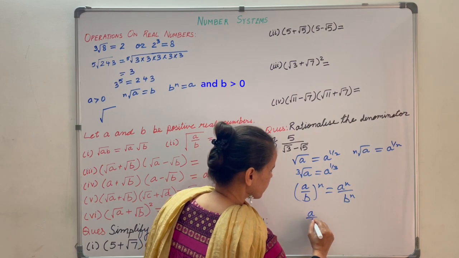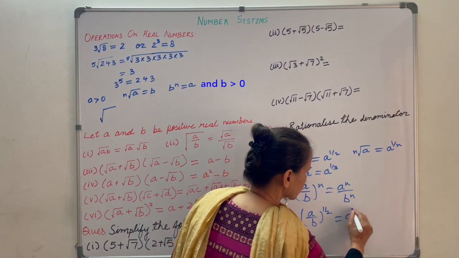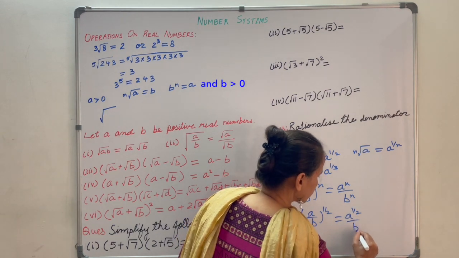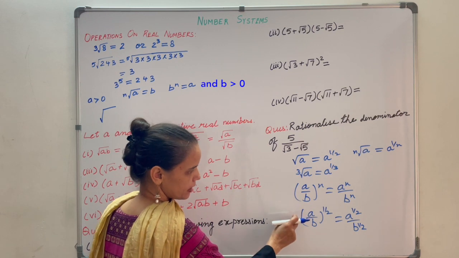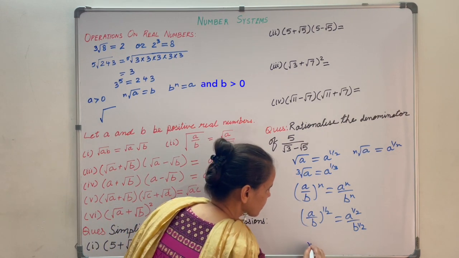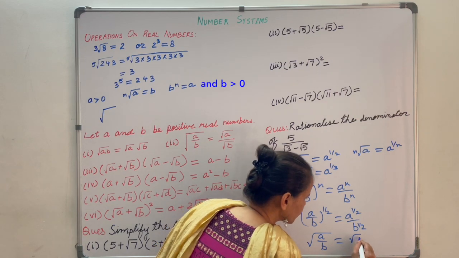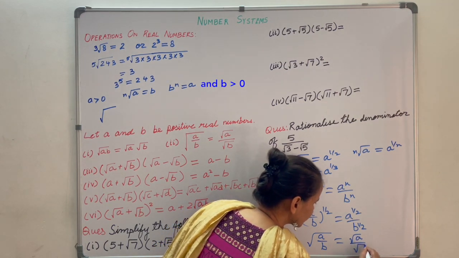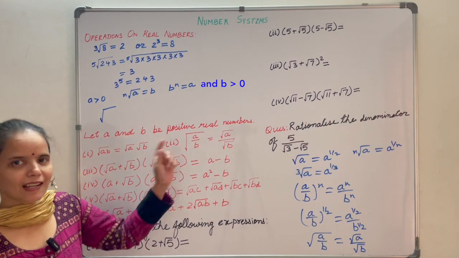So here you have (a by b) whole raised power 1 by 2 is equal to a raised power 1 by 2 upon b raised power 1 by 2. So using this logic again, we can rewrite this as square root of a by b is equal to square root of a upon square root of b. So is this identity clear now?